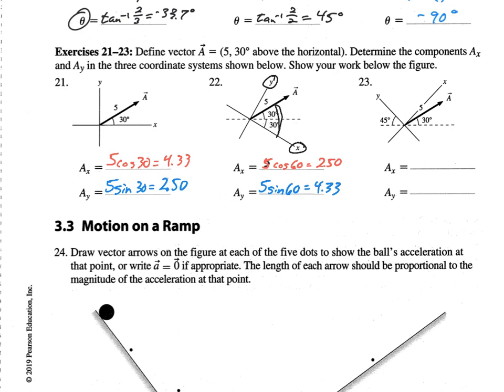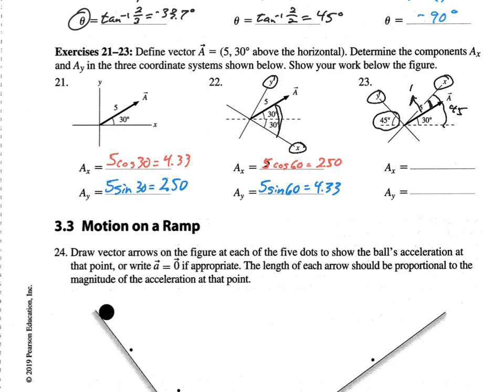This one's really weird in that my x is there and my y is there. So this little angle here, you gotta kind of be a geometry whiz. This whole angle here is 45. So 30 minus 45 is 15.